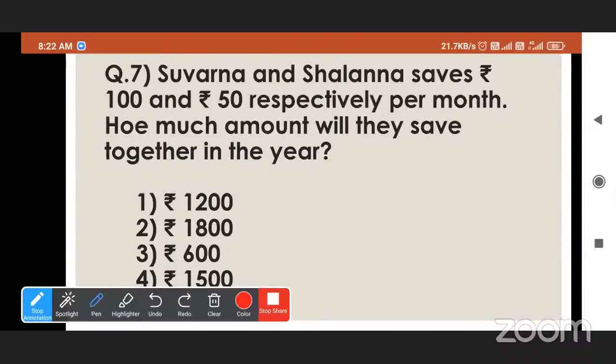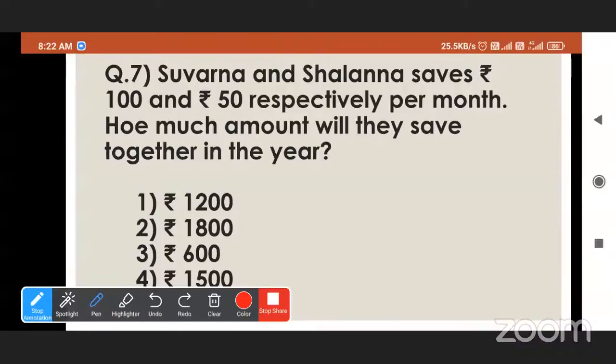Suvarna and Shalana save 100 rupees and 50 rupees respectively per month.